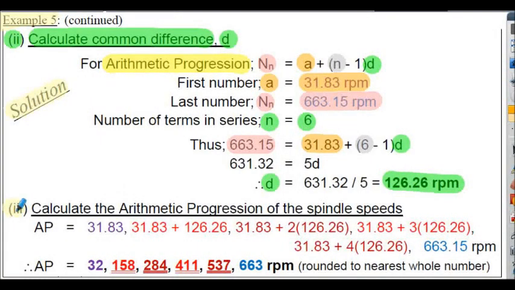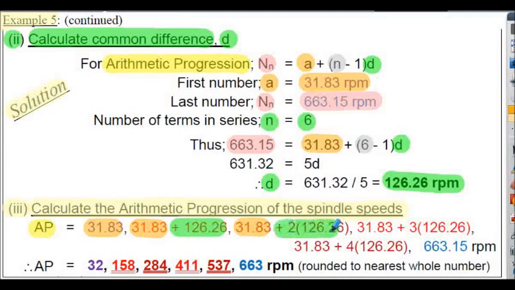For the final step here, we're going to calculate the arithmetic progression of our spindle speeds. So our AP is equal to, first term a, 31.83. Our second term, we have 31.83 plus common difference d. For the third term, we have 31.83 plus twice d.